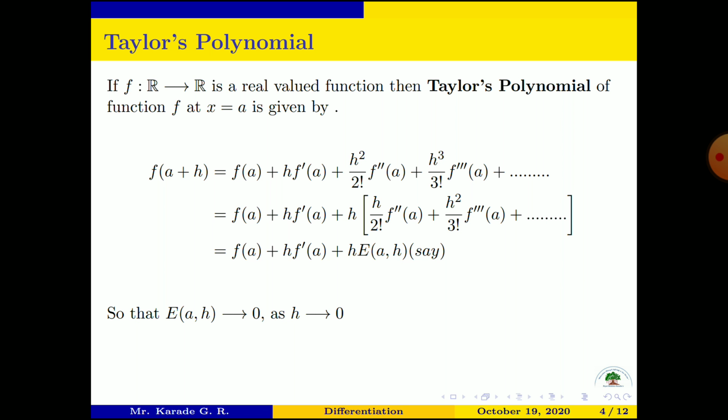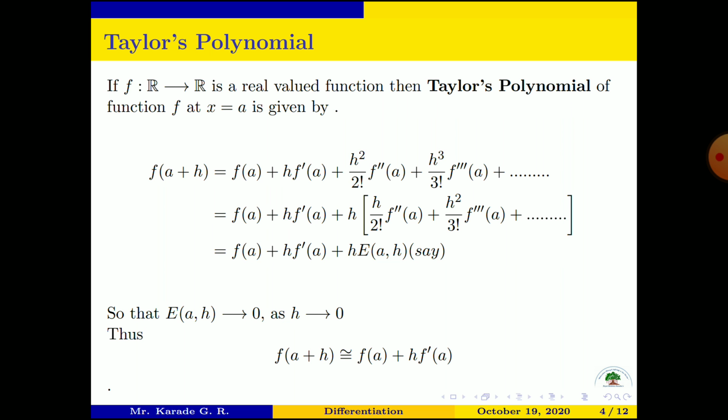So f of a plus h is approximately equal to f of a plus h into f dash of a. h tends to 0 means that a plus h is approximately equal to a.